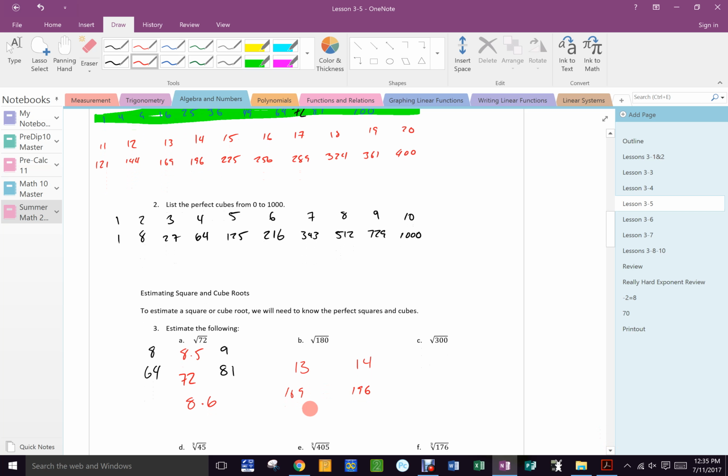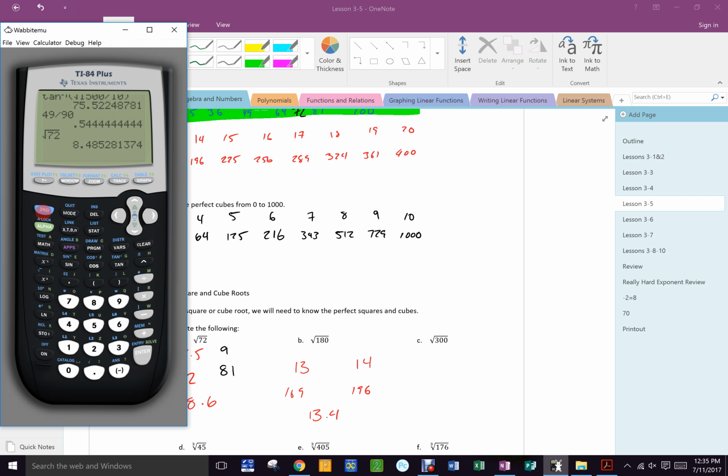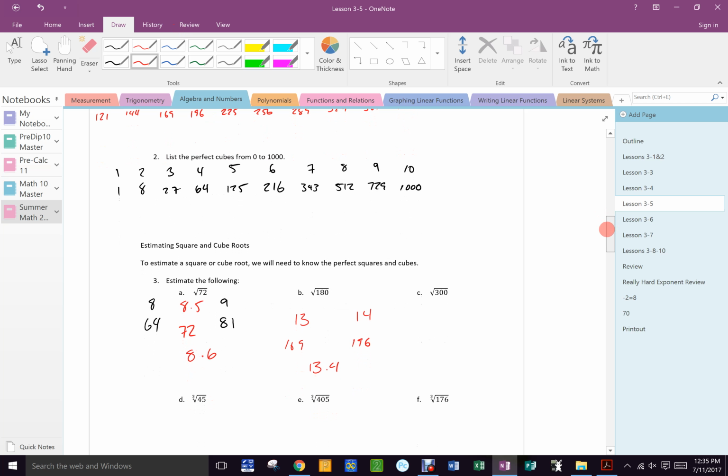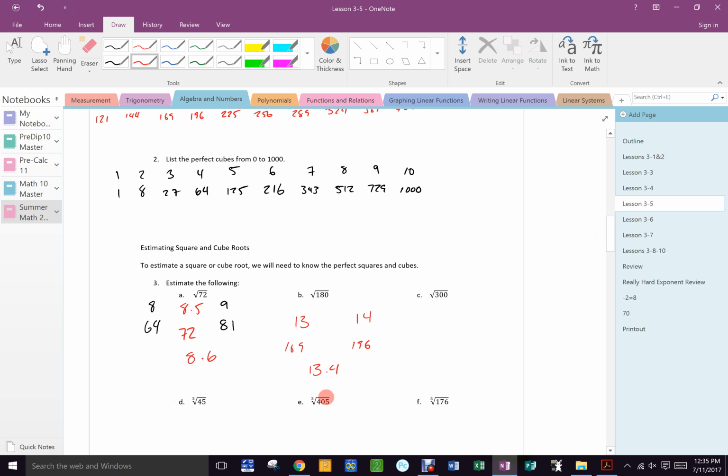So it's going to be less than 13.5, maybe 13.4. And then we can check. Square root of 180. Holy crap, 13.4. Everybody with me? Do the next 5. Watch out for D, E, and F. They're cube roots.